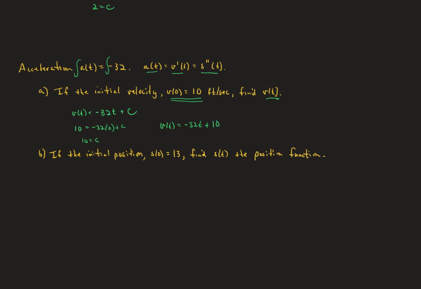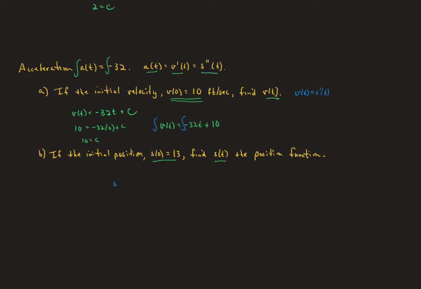Now from there, part B, we can use the fact that the initial condition, s of 0 is 13, to find our position function. So we will now integrate both sides here, and the integral of v of t, which is s prime, so v of t, remember, is the first derivative of position.